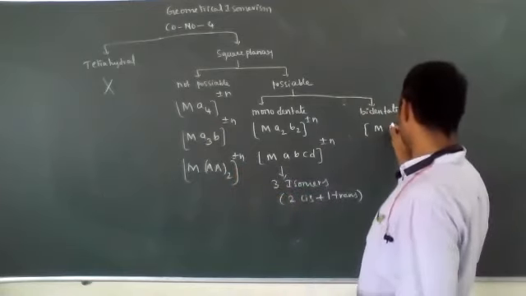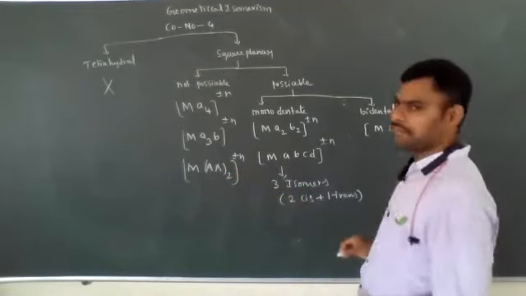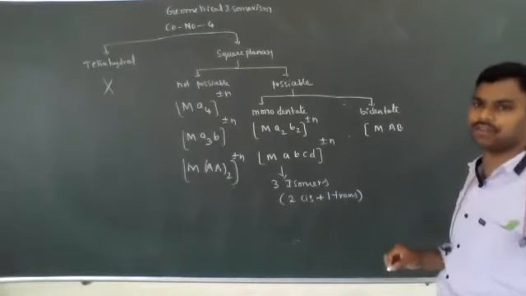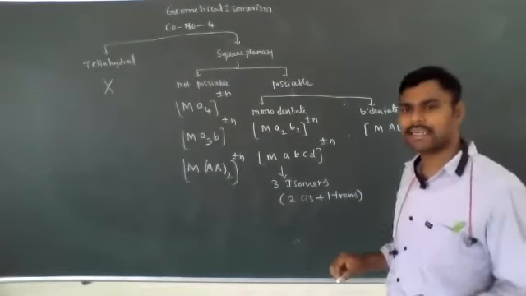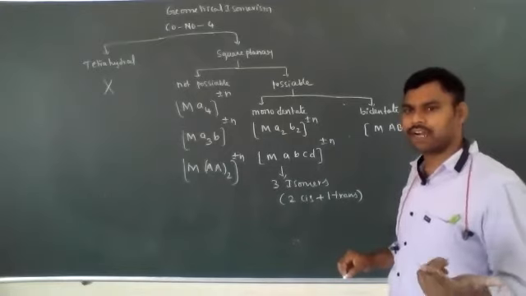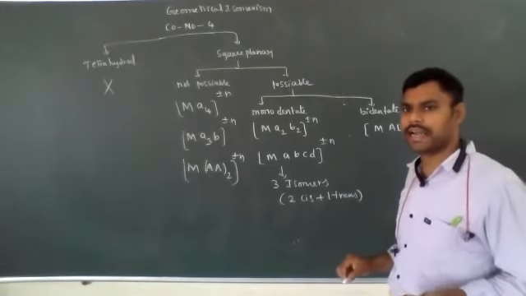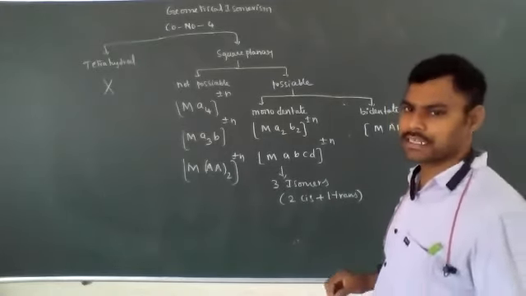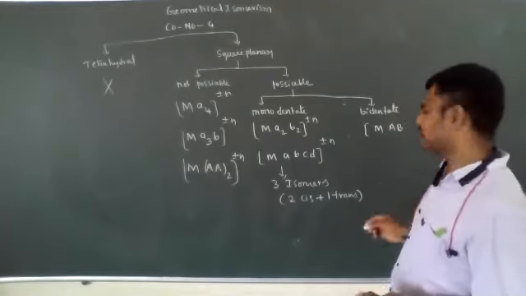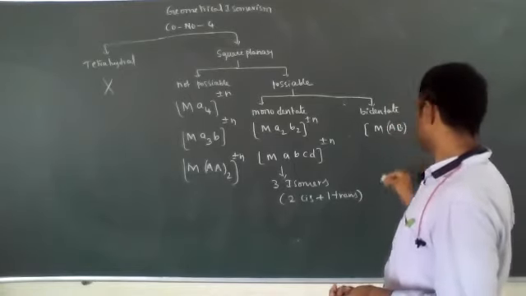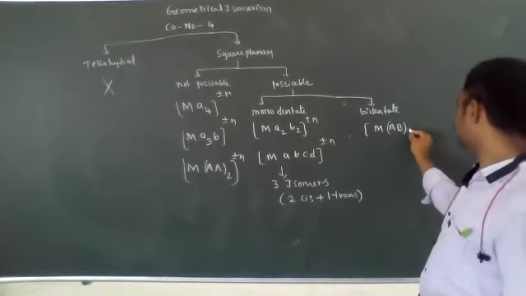But MAB means glycinato, GLY. In that glycinato bidentate ligand, one donor atom is nitrogen, another donor atom is oxygen. So then it is possible, MAB twice.